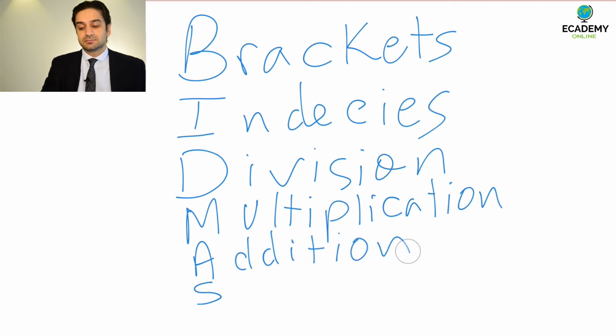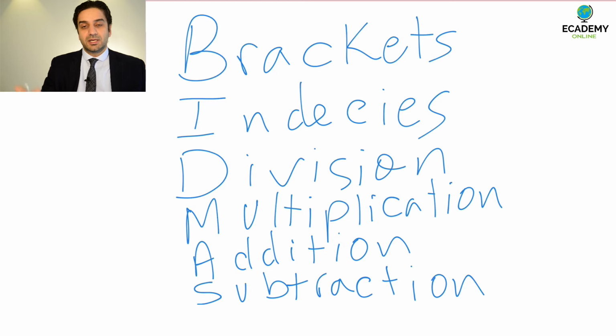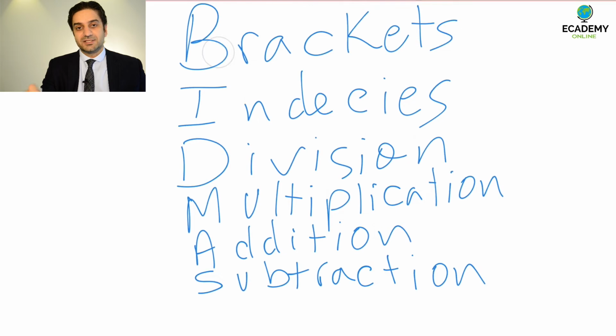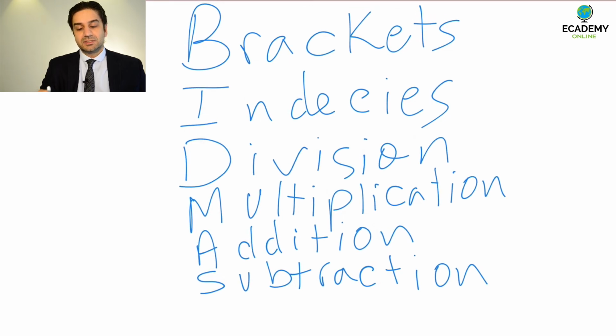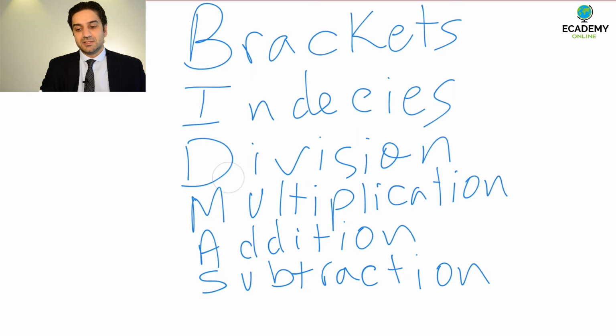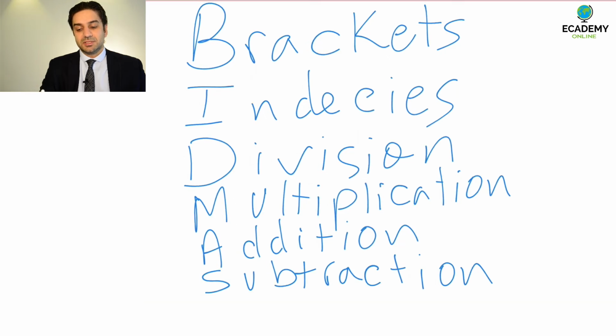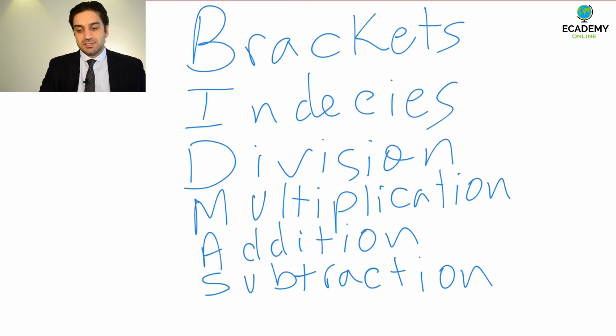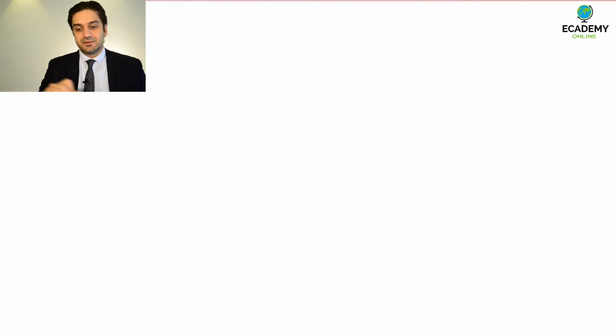S for subtraction. It just means basically that we are starting with brackets first, whatever's inside a bracket, and then we take care of the powers, and then we take care of the division, the multiplication, and then finally we carry out the addition and subtraction. Here, let's have an example of BIDMAS.